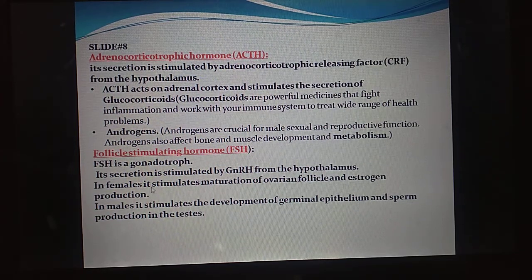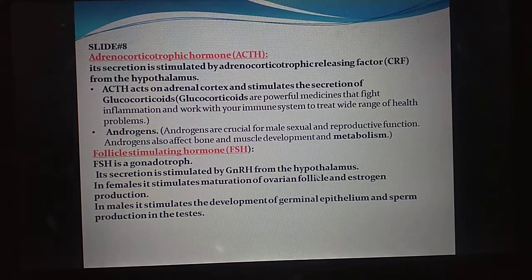Okay. In female, it stimulates the maturation of ovarian follicles and estrogen production. Ovarian follicles are cells which are present within the ovary, and the follicle cells are mainly concerned with the production of estrogen.